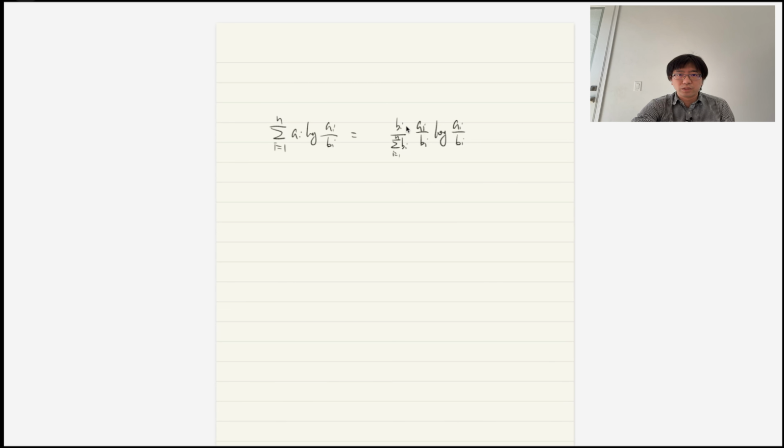Clearly this term is a probability term, and we let it equal alpha_i. Then this b_i and this b_i can be cancelled, and we have a_i here. This term does not appear yet, so we multiply this guy in front. This is basically our manipulation.